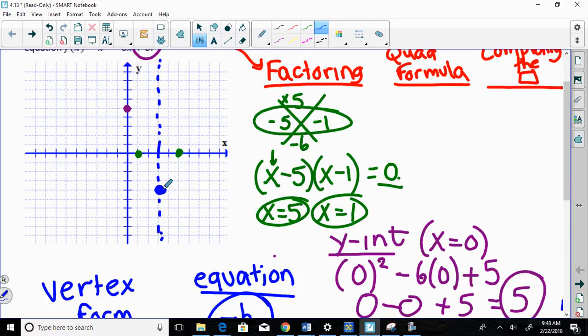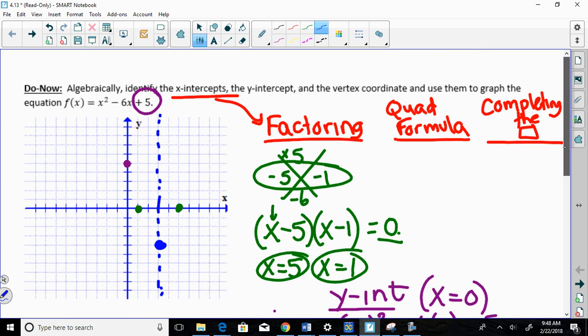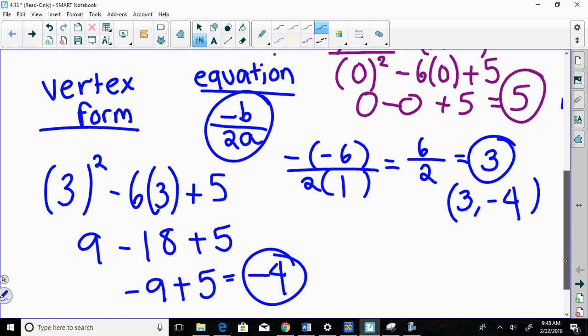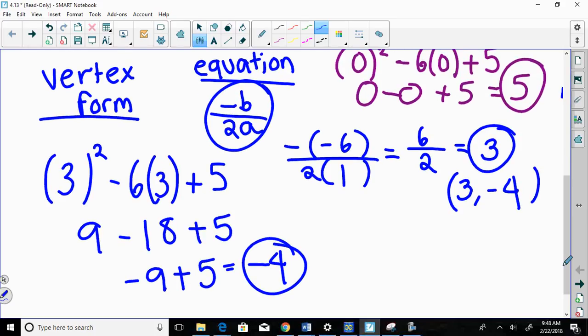We can tell already, if your A is positive, Patricia, is it going to be a smiley face or a frown? Your parabola. A smiley face, right? So we can draw and connect those dots to make it a smiley face. If it's positive, Patricia, are you going to have a min or a max? A min.